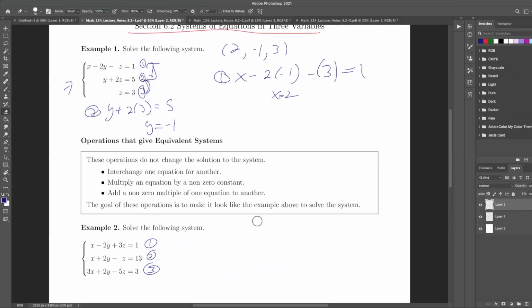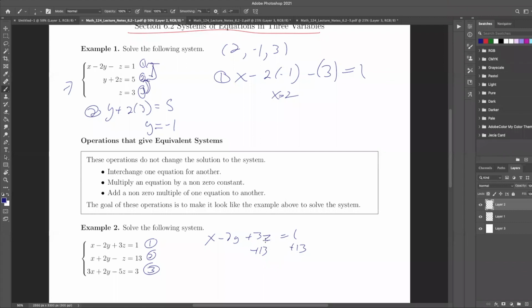Here we go. So notice here, if I have x minus 2y plus 3z equals 1, if I add 13 to this side, I can add 13 to this side, right? So if I add 13 over here, I can add 13 over here. Everyone buys that. I just switched the last two for that one.